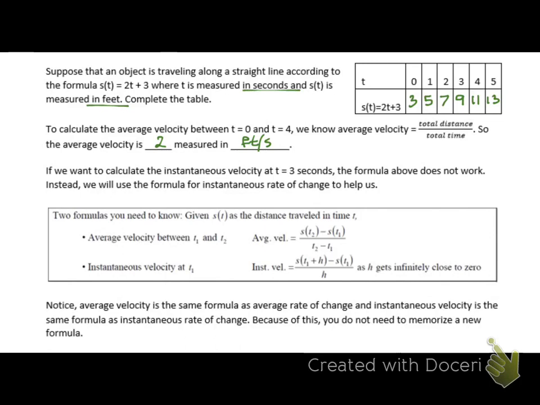In this box, there are some formulas that you need to know, but I don't want you to memorize these, because you already know that the average velocity, which is the same thing as the average rate of change, is just the slope of the secant line. And you know the instantaneous velocity is the limit as h goes to 0 of f of x plus h minus f of x all over h.